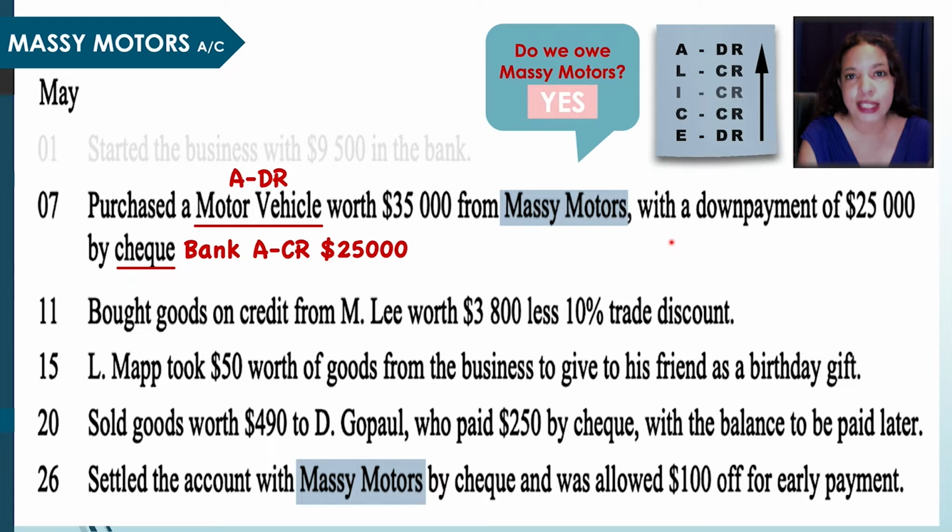Yes, we still owe them, which means that they are a payable, a liability. And for liabilities, what do we credit?